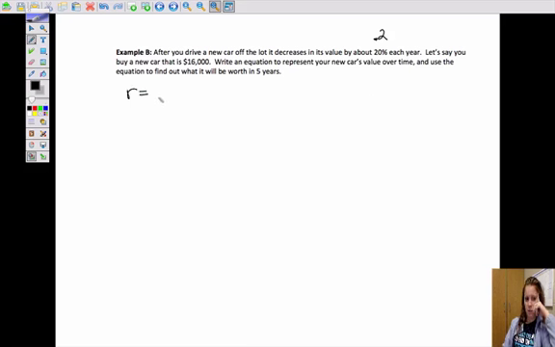We're going to find b, and remember we take 1 minus our rate if we're decaying, if our value is getting smaller. So that's going to be 1 minus 0.2 equals 0.8. So that means we're keeping 80% of the car's worth each year. Okay?